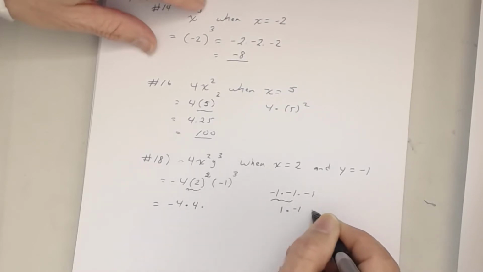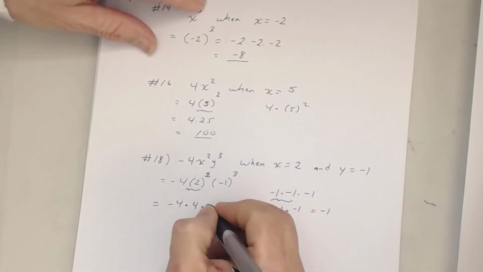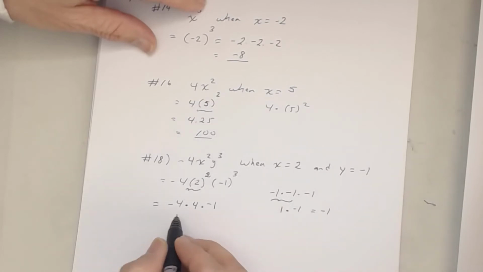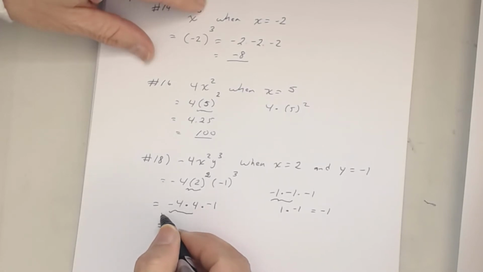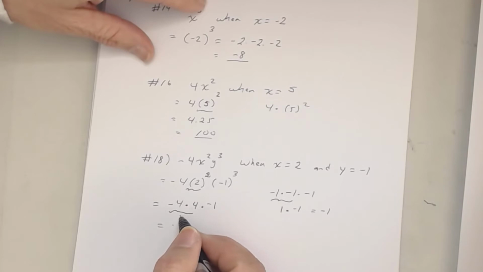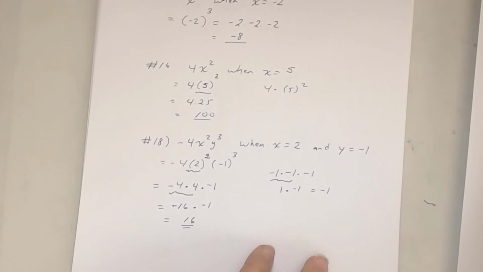Positive 1 times a negative 1 is a negative 1. So negative 1 cubed is negative 1. Using order of operations, what's negative 4 times a positive 4? Negative 16. And what's a negative 16 times a negative 1? Positive 16. So that was 18.